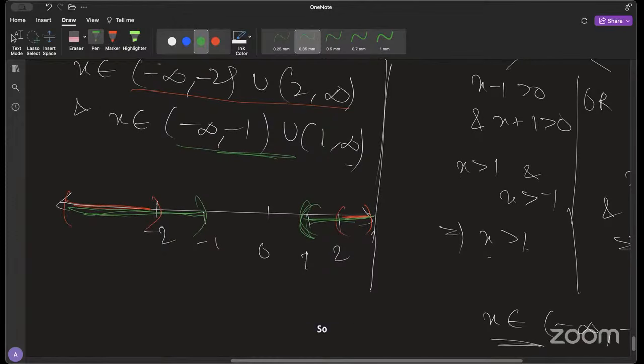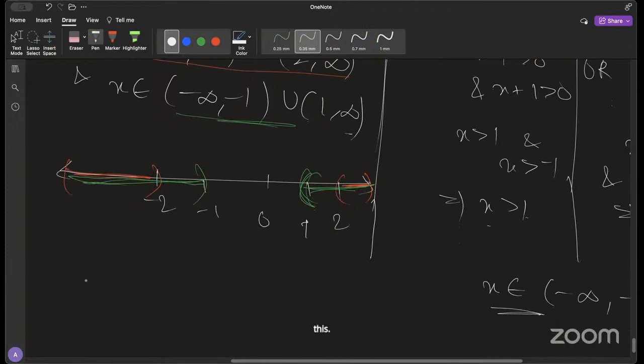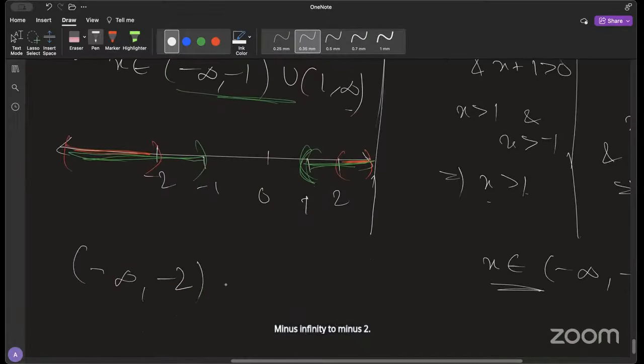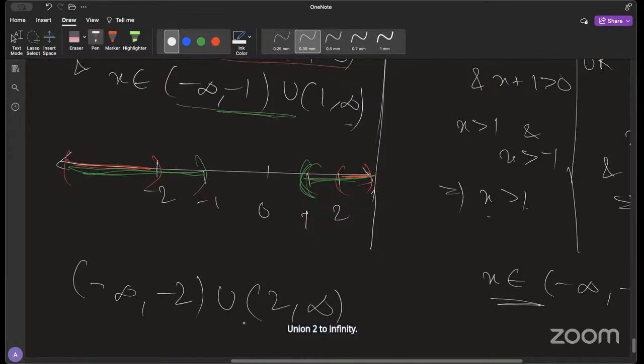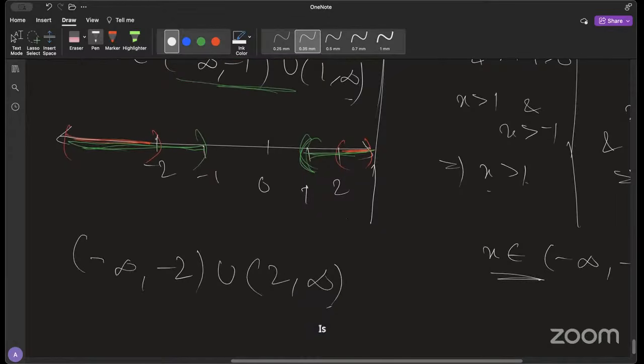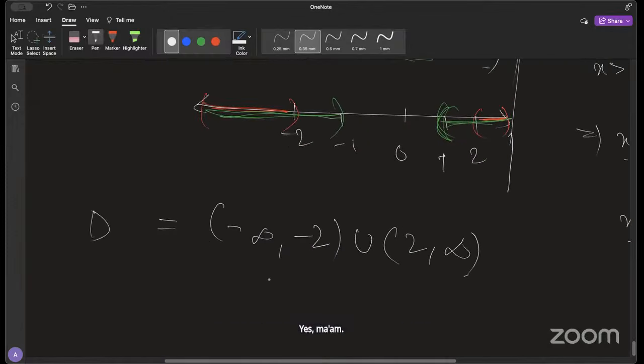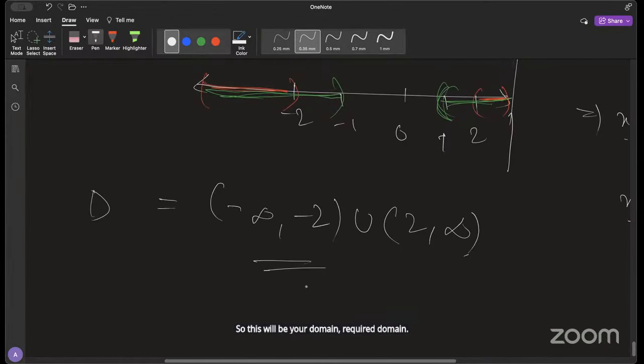So the intersection of all of these would be minus infinity to minus 2, union 2 to infinity. Is this okay? This is where you have red and green both. So this will be your required domain.